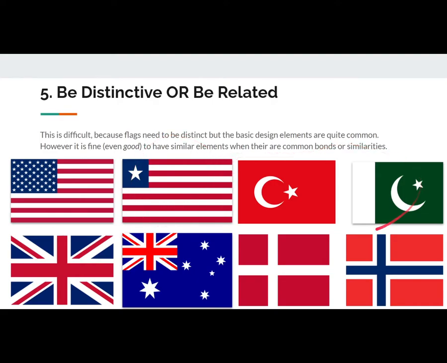And then when we get into it, you'll notice there's a lot of the crescent moon and a star. And that's very important for Islam with the Prophet Muhammad. So a lot of Muslim countries have the crescent moon and star. So Turkey here, and then also Pakistan. Now, Islam is a very important part of their national identity.